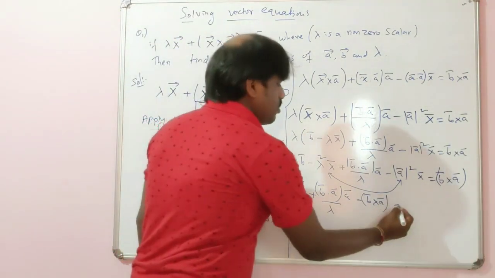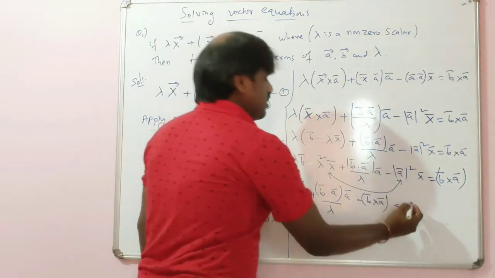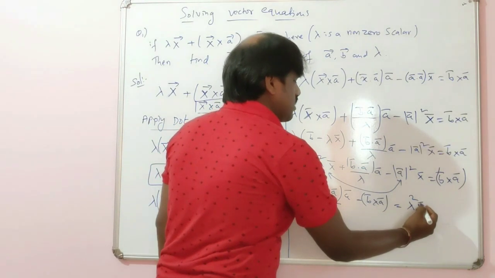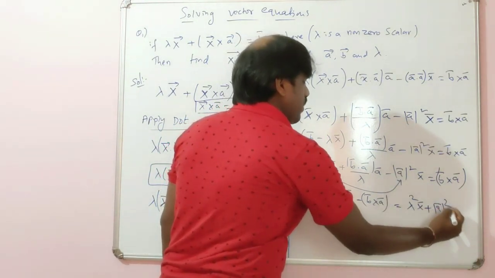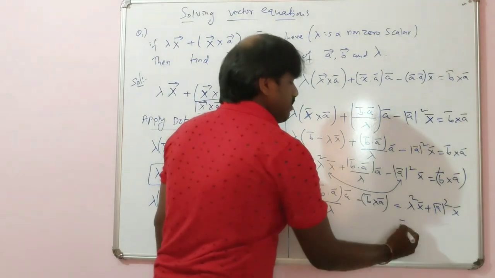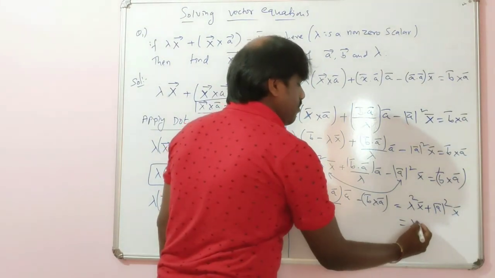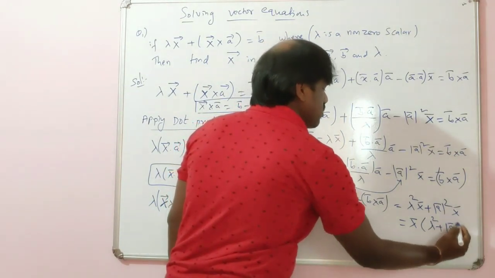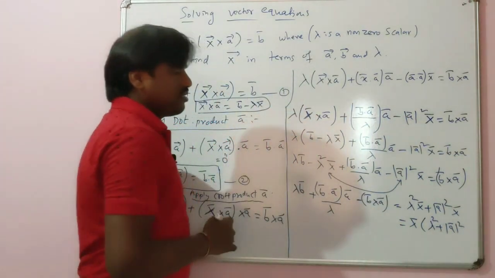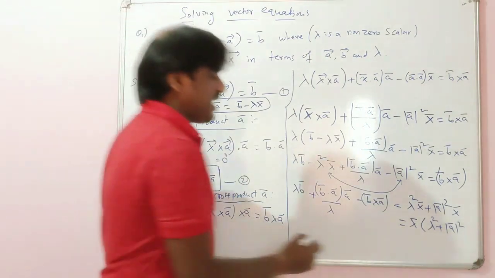And this is equal to, I will get this one if I send this at lambda square x vector, and if I send this one plus mod a square x vector. It means if I take x vector common, I get as lambda square plus mod a square is equal to this. So I have to find only the x vector here.